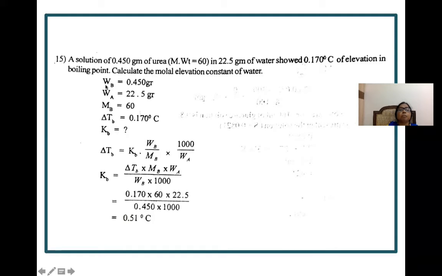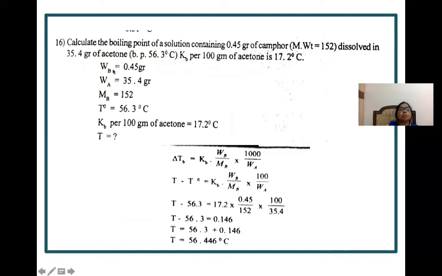So WB is the weight of the solute, 0.45 grams given in the problem, and the weight of the solvent, here 35.4 grams of acetone is given. MB is the molecular weight of the solute, given here as 152.